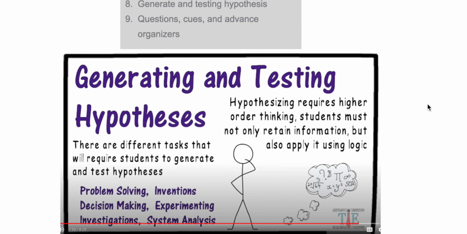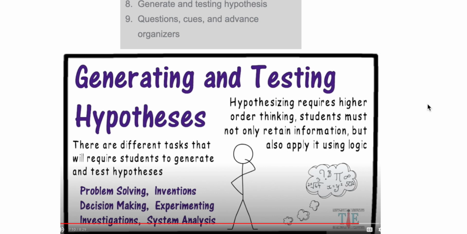Now let's look at what Marzano has to say about generating and testing hypotheses. So according to him, there are tasks that will require students to generate and test hypotheses. And what are those things? Okay, if they need to solve a problem, definitely they need to use and do hypothesis.